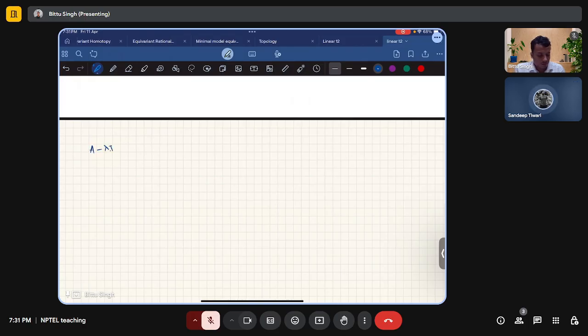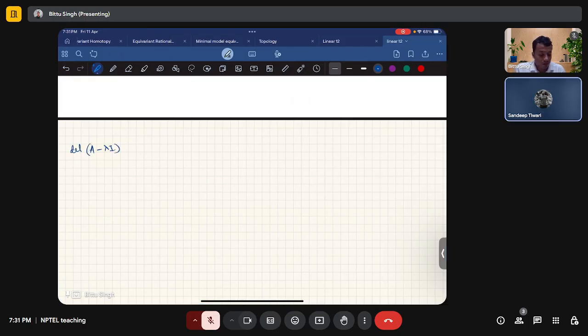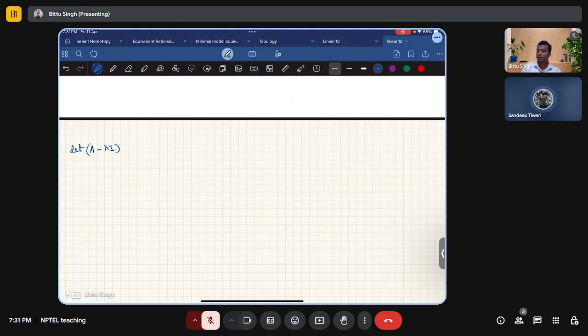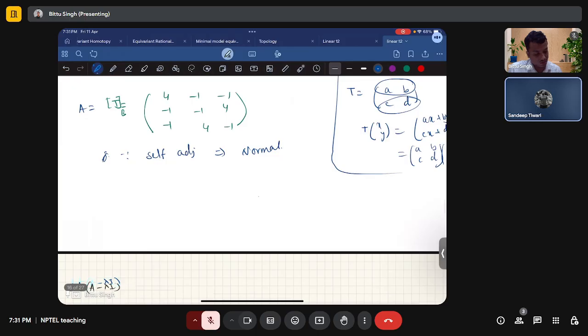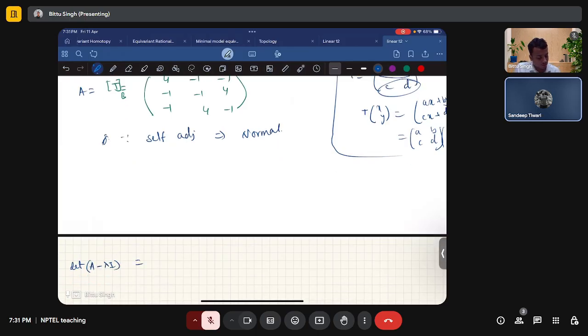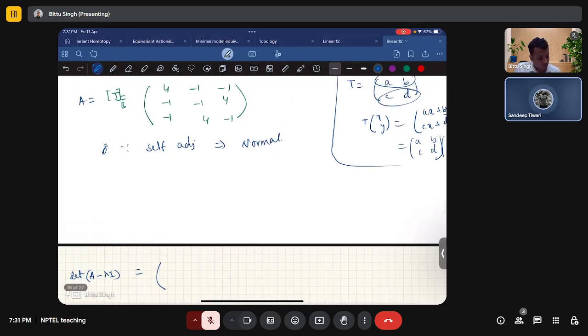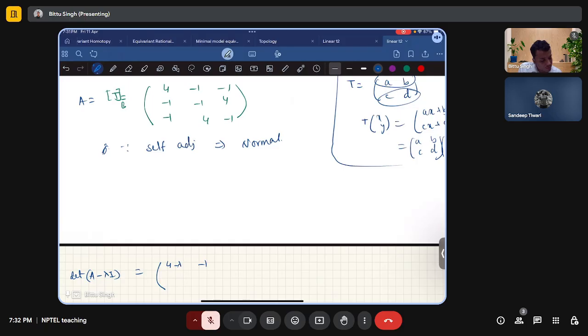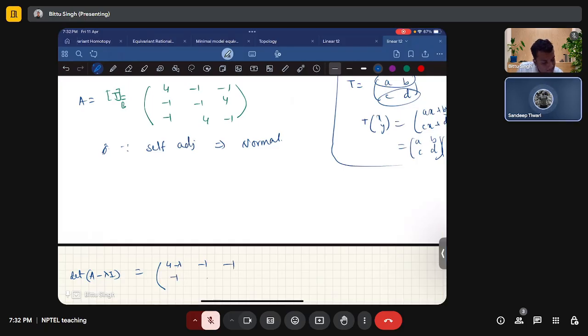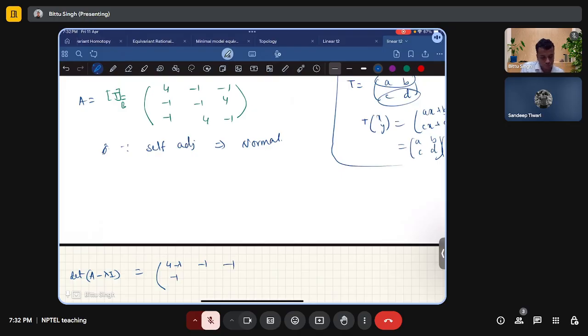Sir, please show the matrix, sir. Yes. Can you show the matrix, sir? Sir, I think one eigenvalue is 2, sir. Okay, how can you say this? Because sum of each column is 2.